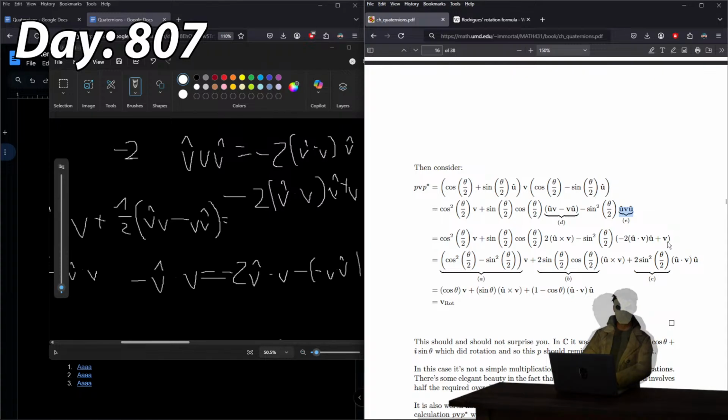Why is that? It just vaporizes. With you so far, we bring the minus 2 to the front, u dot v, u. What happens to plus v? What's going on? Where's the plus v?